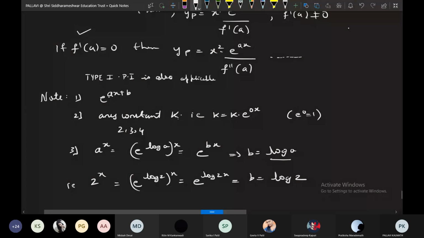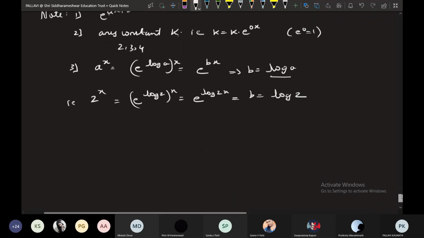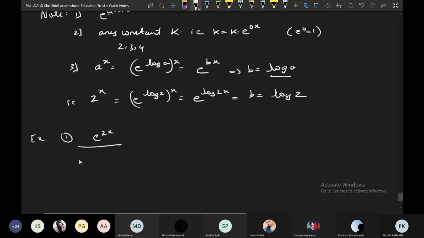Okay. So suppose I give you an example: you have the function e raised to 2x upon d squared plus 4.